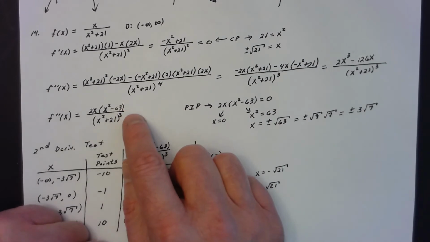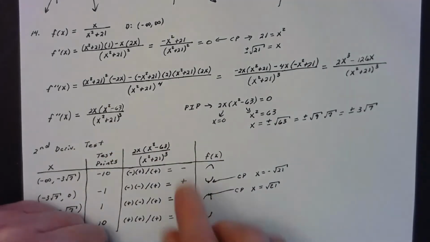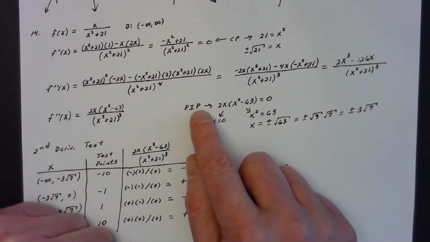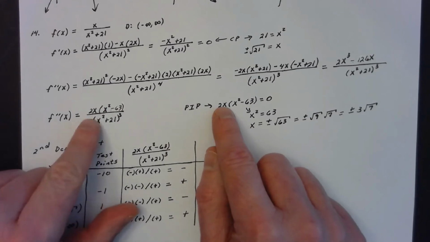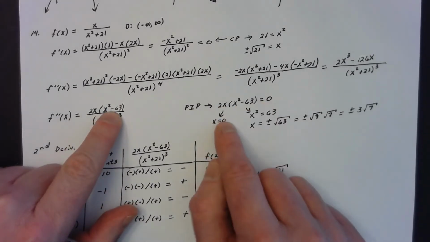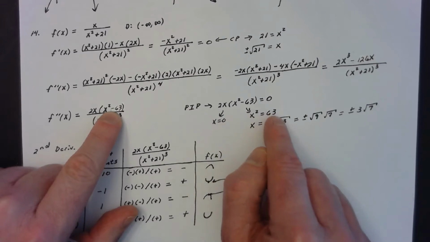Now that I've done that, I can see that this fraction, the second derivative, can only equal 0 if the numerator is equal to 0. So I'll say the possible inflection points occur when 2x times x squared minus 63 is equal to 0. It's going to give you a potential inflection point at 0 and two other ones when x squared is equal to 63.